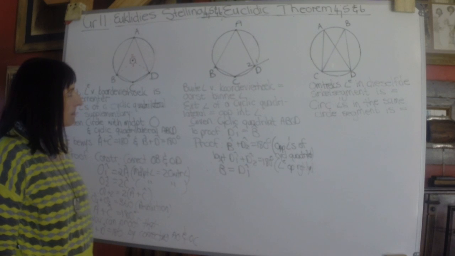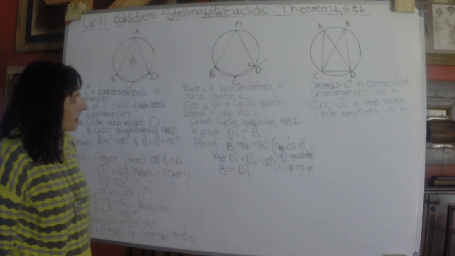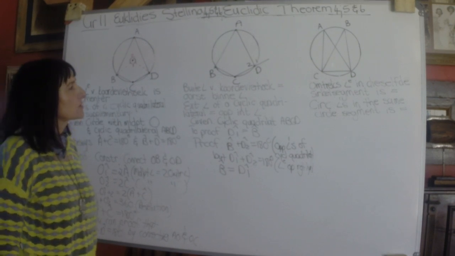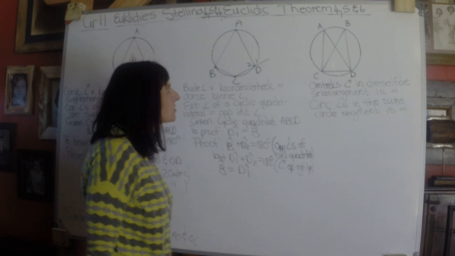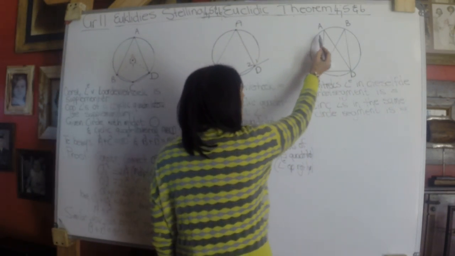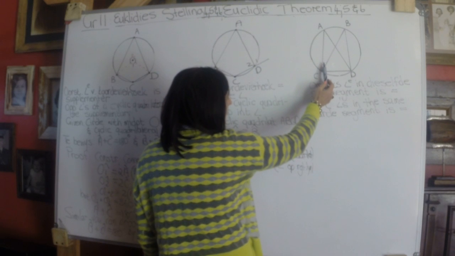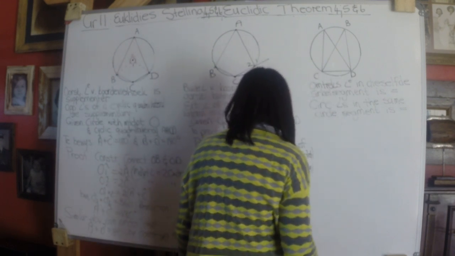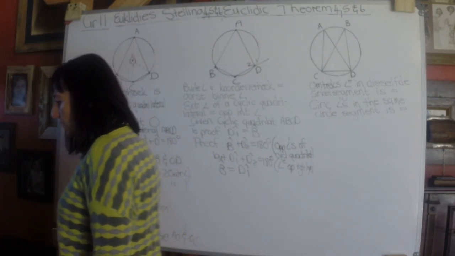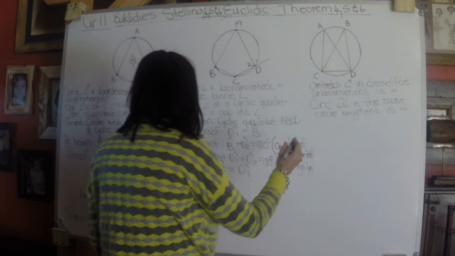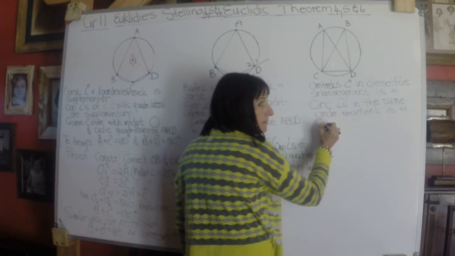Very easy. Ons stelling nommer 6 gaan oor omtrekshoeke en dit sê dat omtrekshoeke in dieselfde sirkelsegment is gelyk. So that means A equals B, and in this case C will equal D. So what's been given over here? Given.